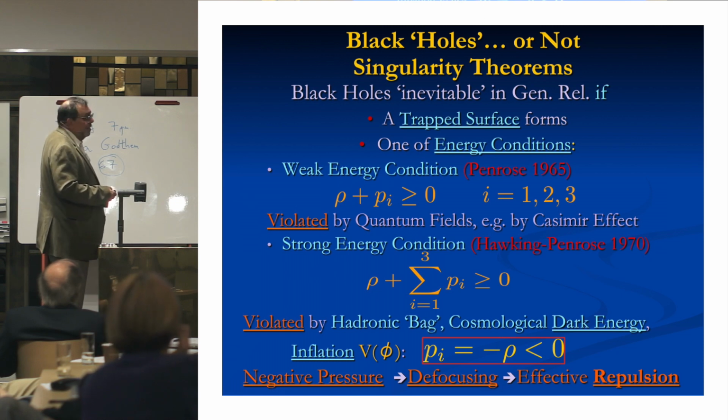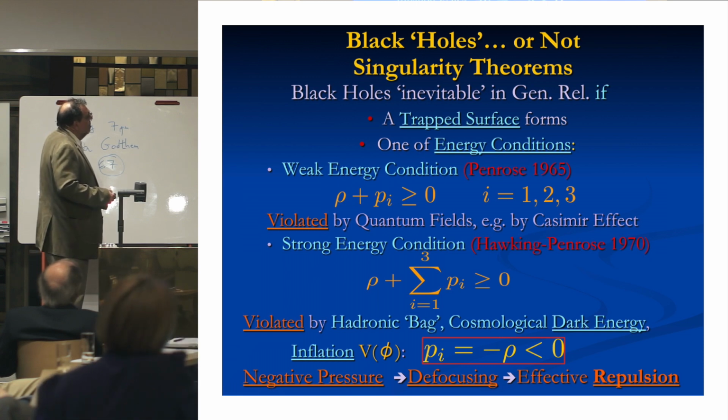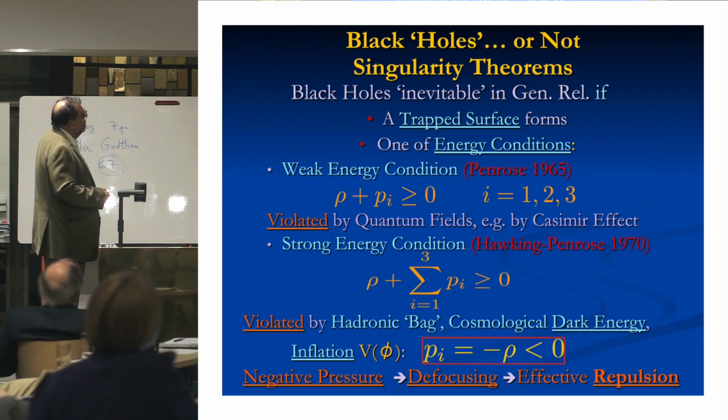And the famous singularity theorems were proven at that time, that Penrose, for example, back in 1965, proved on very general grounds, if you assume the weak energy condition and a trapped surface forms, then there will have to be geodesically incomplete geodesics and therefore presumably a singularity.